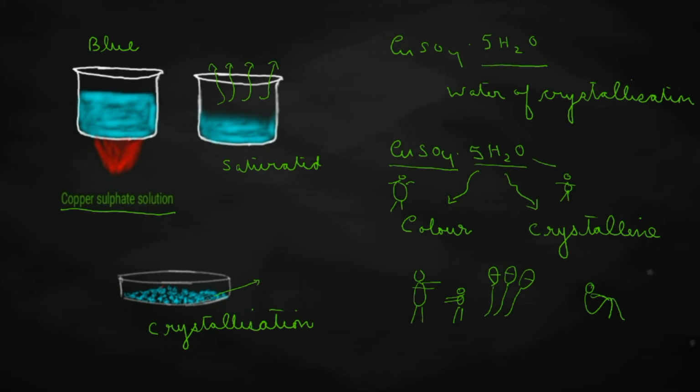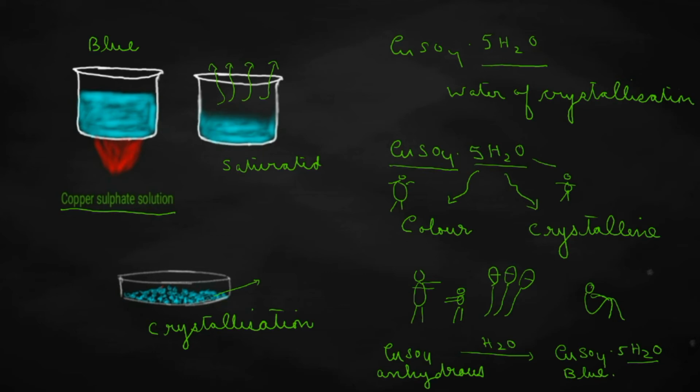If you have copper sulfate without water, we call it anhydrous copper sulfate. Anhydrous copper sulfate will not have color. If you add a few drops of water into that, it will be colored. Why? It will turn immediately into CuSO4.5H2O. Water has come along with it, so it will turn blue in color.